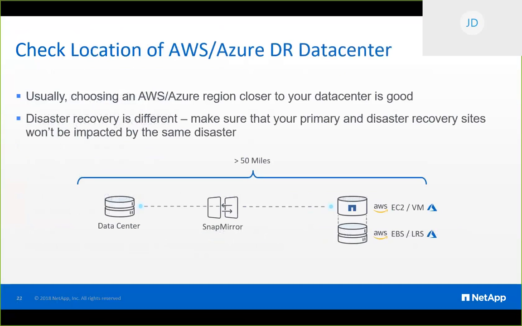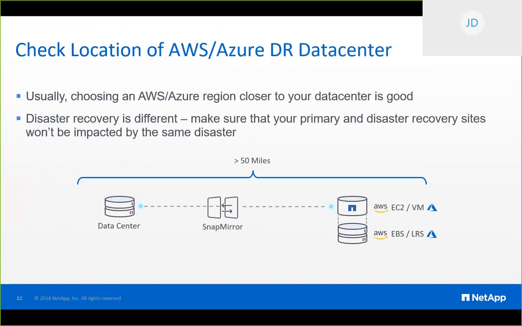Of course, disaster recovery is a different ballgame. The name of the game here being disasters, which are, by definition, disastrous. So you want to make sure that your primary and your DR sites are not located so close together that they'll be impacted by the same disaster.